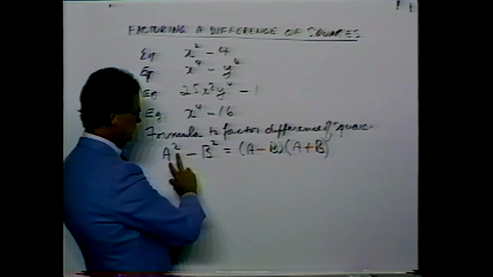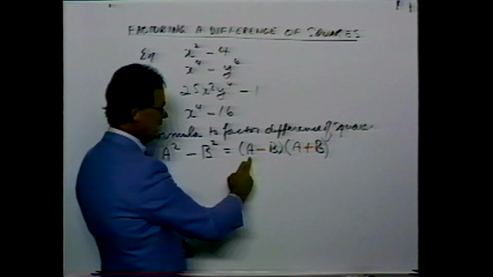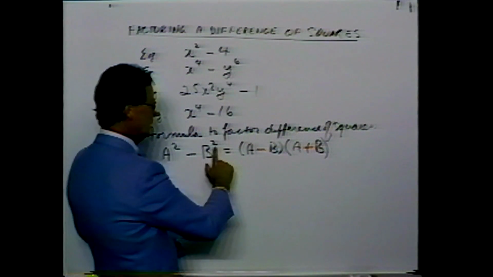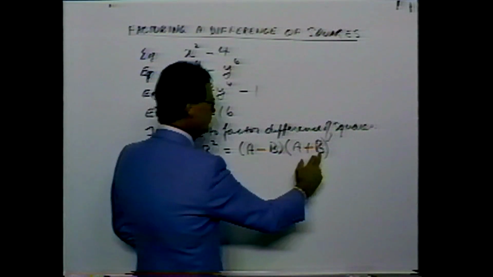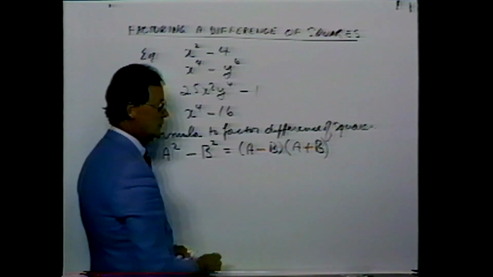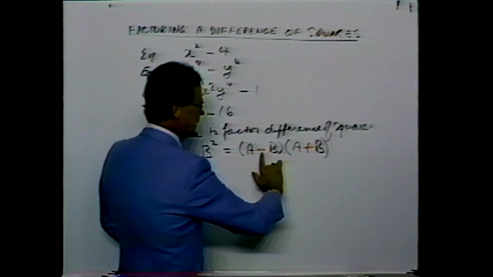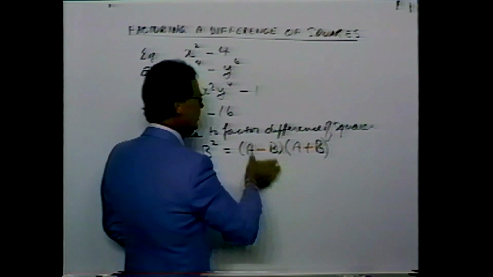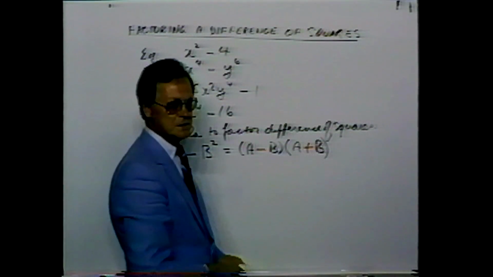A squared becomes a and a in each of the two factors. B squared becomes b and b in each of the two factors. And in between, we have the parts separated by a minus sign and a plus sign. If you reverse the order of these two factors, it won't make any difference.